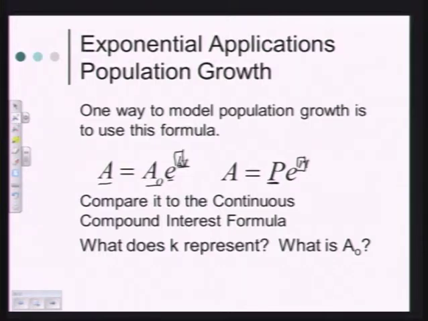Well, a sub 0 stands in the same place that p does in the continuous compounding formula. And p was the principal, which means that's the amount of money that Bob had to begin with. And so a sub 0 will be the population when we begin counting the population. In other words, at time 0, hence the subnotation 0.